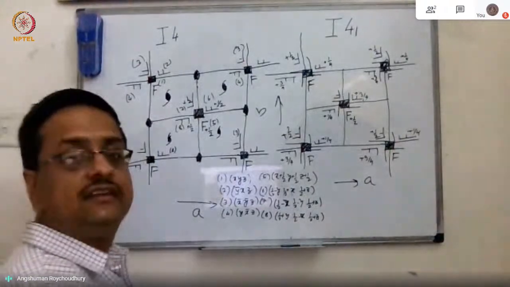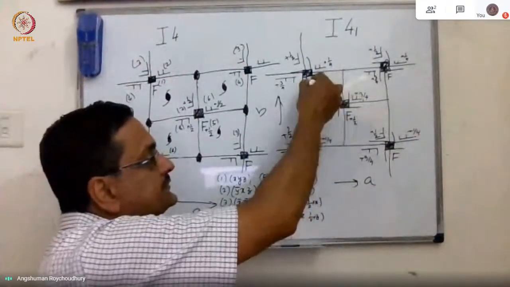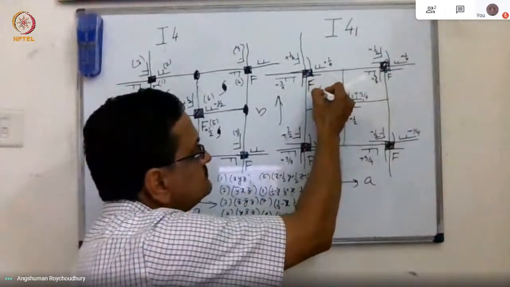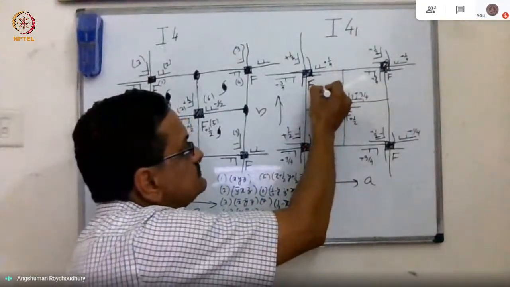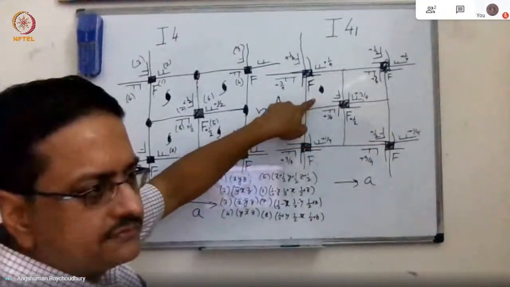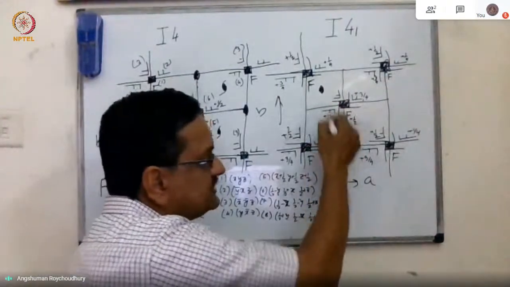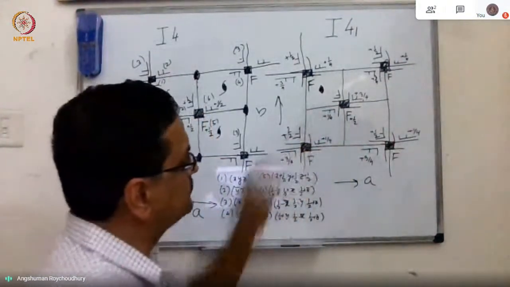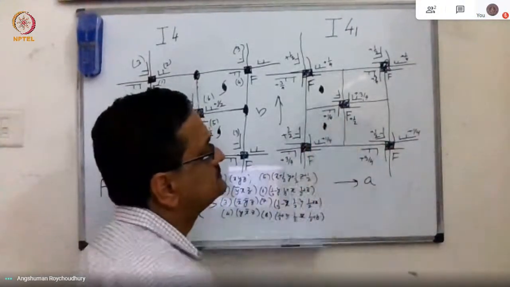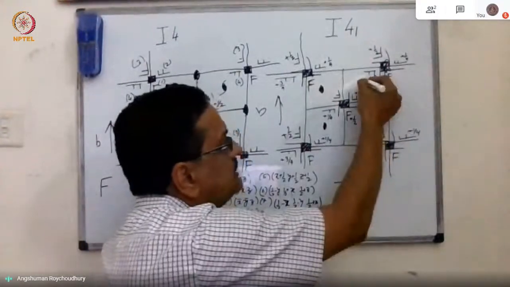What do we see now? Between these two F's, there is a 2-fold axis, because there is no translational component associated with F. Similarly, both of them are at the same translational component plus 1/4, but related by a 2. Here also the same thing, and there also the same thing.